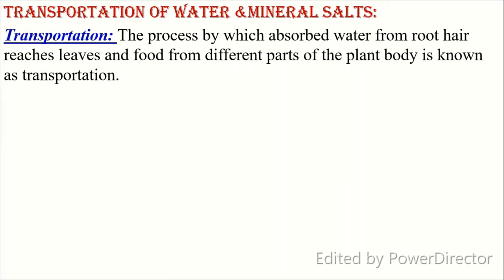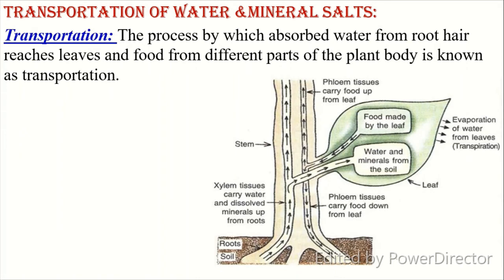So, we can say that translocation is the process by which absorbed water from the root hair reaches the leaves and food reaches different parts of the plant's body. All scientists agree with the necessity of translocation of water and mineral substances in plants.